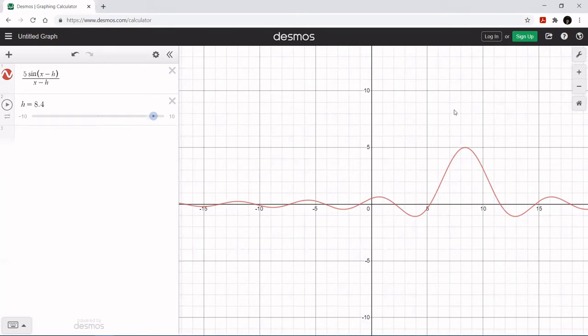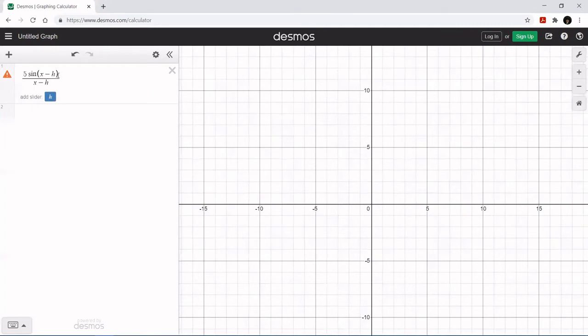Now, even cooler than that is we can even animate this. So instead of doing it in terms of h, let me actually enter now velocity times time. If you want to be consistent with the previous notation that I was using, our parent function, the base function that we started with, I called it f of x.